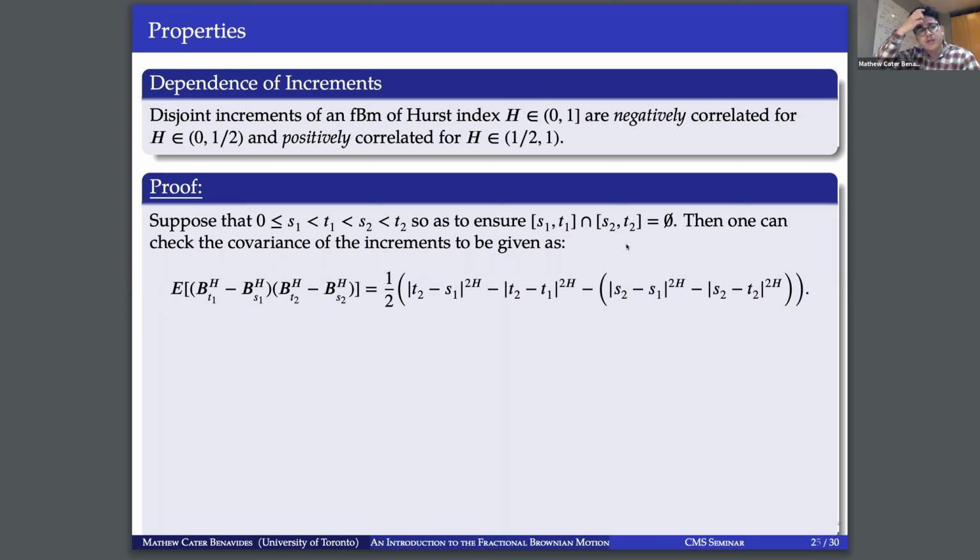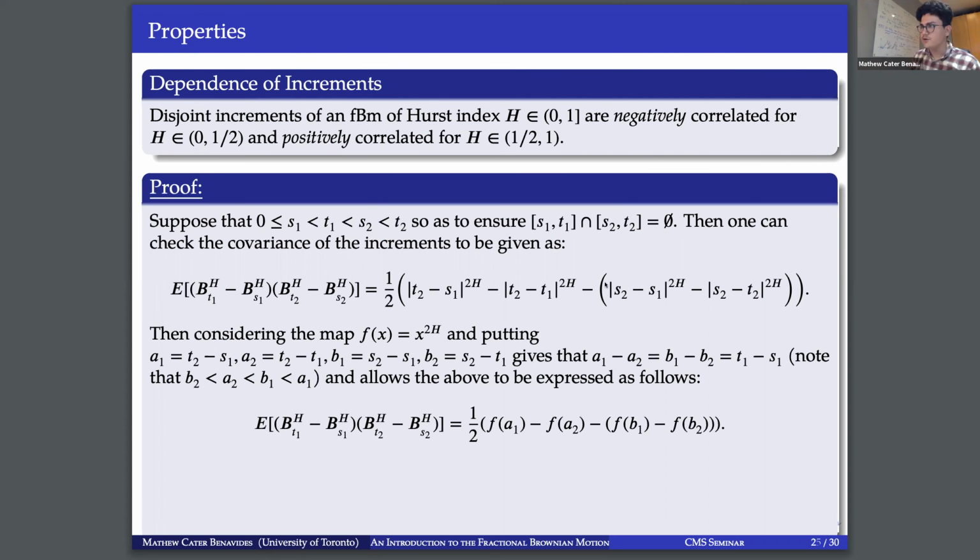If we take two disjoint time intervals, S1 to T1 and S2 to T2, what we want to do is get the covariance of the process on these two distinct time intervals. The first thing you can check is that this computation holds. If you write down the covariance, it looks as follows. Then the next thing you can do is consider the map f of x given as x to the 2h.